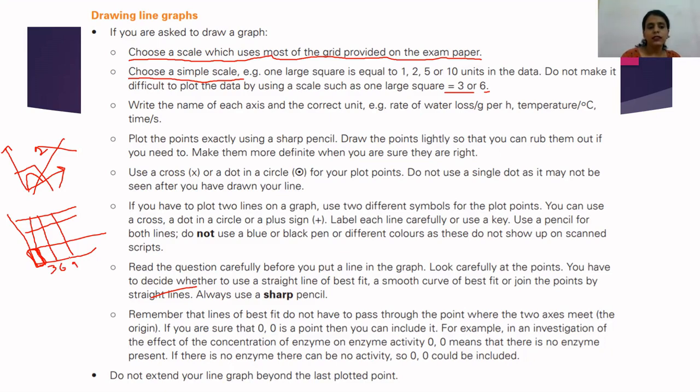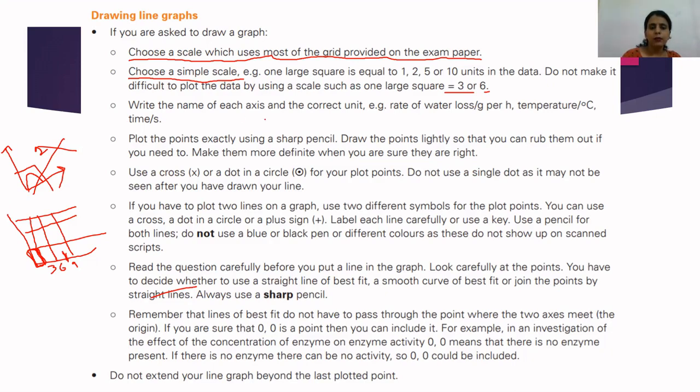Now between 6 and 9, 7 and 8 both come. If it was 8, you could have taken the exact half as 7, but here it is 9, so the exact half cannot be 7. So remember to always choose a simple scale so that plotting of these points becomes easy.